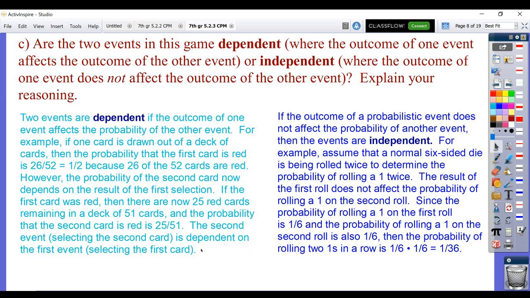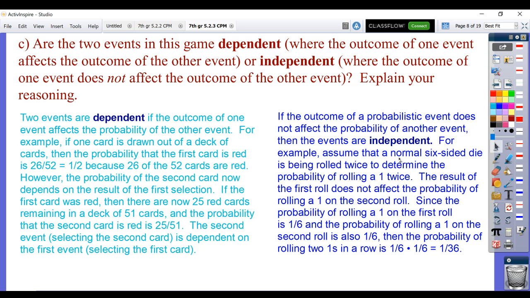So the reason we care about whether something is dependent or independent is because if it's dependent, then the second scenario depends on the first, so the probability will change. If the outcome of a probabilistic event does not affect the outcome or probability of another, then we say that the events are independent.